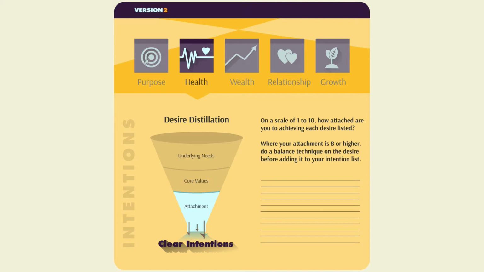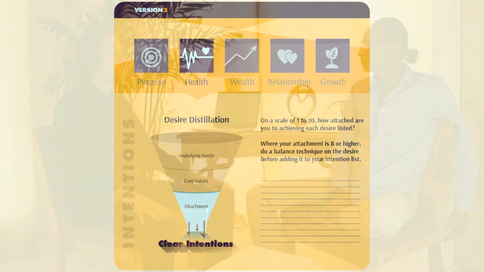If you feel a level of attachment from an 8 to a 10, you're really attached, then our recommendation is to first do a balance on that desire so that you are authentically placing it in your clear intentions list. Because often that attachment is a sign that there's a deeper belief there that can be reframed and reduce the attachment.